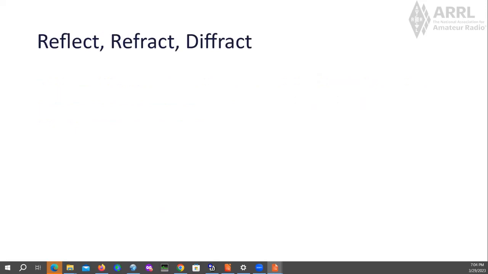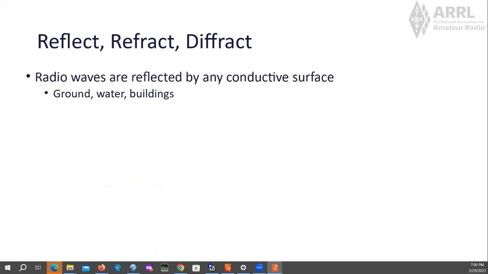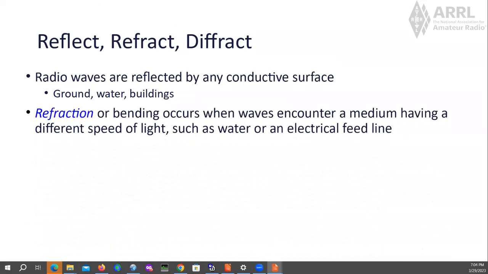Reflect, refract, and diffract. Radio waves are reflected by any conductive surface, ground, water, or buildings. Refraction, or bending, occurs when waves encounter a medium having a different speed of light, such as water or an electrical feed line.